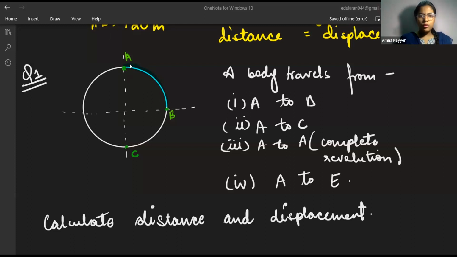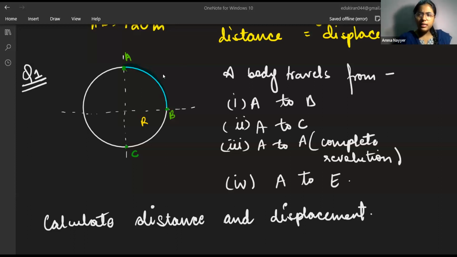So can anyone tell me how I can calculate this? Let's say the radius of this is r. Can anyone tell me how much this part will be? Half of a semicircle. Very good, Martin. Exactly. We are just calculating the perimeter.